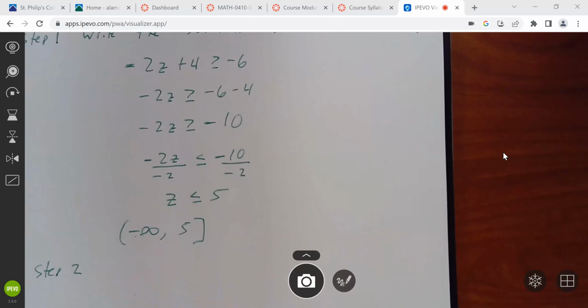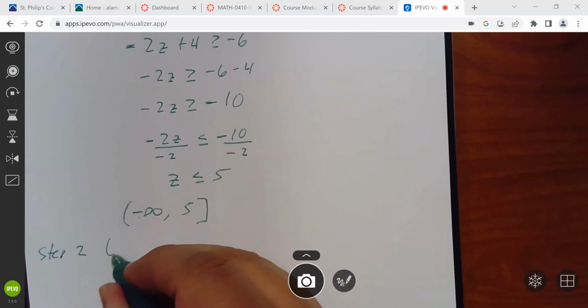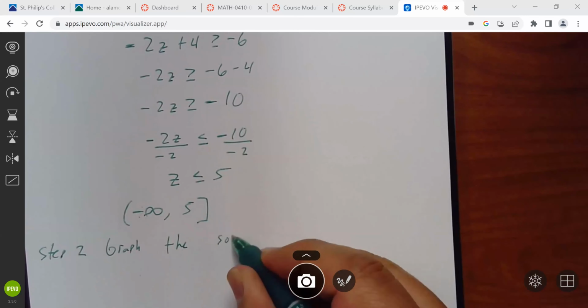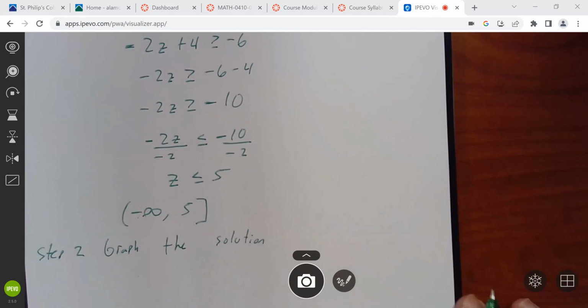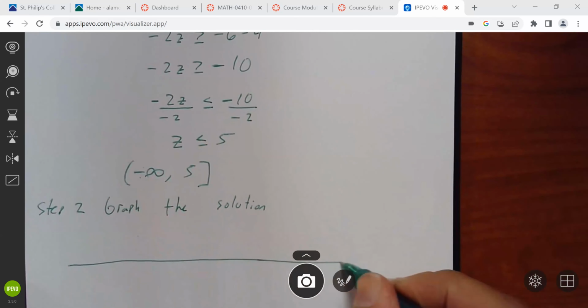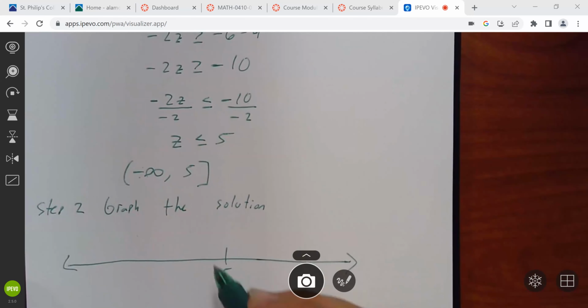Most negative goes on the left. Step 2, graph it. Five.